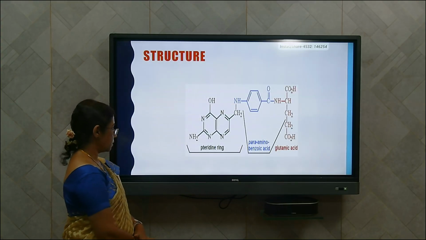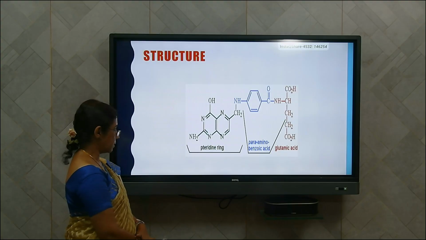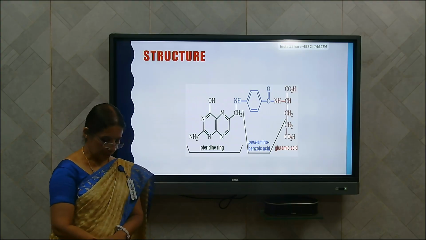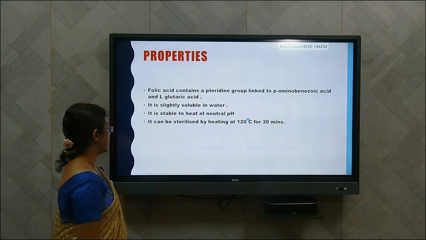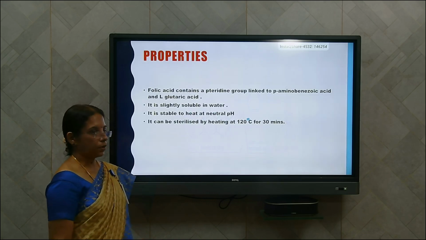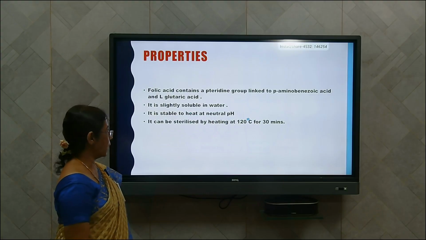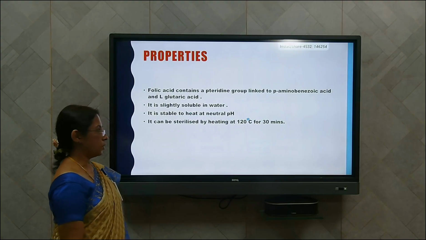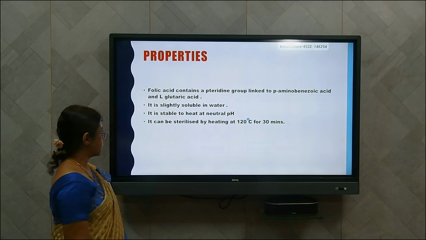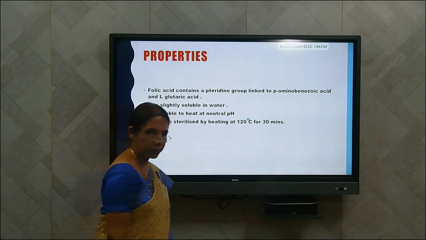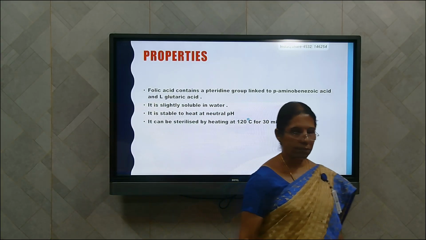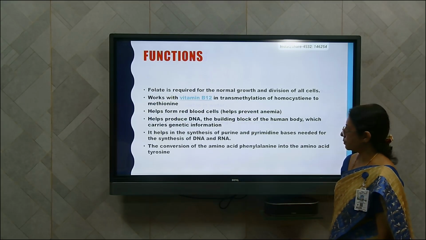So here in this structure, this pteridine ring is linked to para-aminobenzoic acid and glutamic acid. It is slightly soluble in water and it is stable to heat at neutral pH, and it is sterilized by heating at 120 degrees Celsius for about 30 minutes.